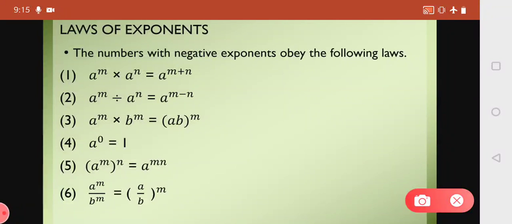Then we have to multiply the powers, that is a raised to m, whole raised to n, equal to a raised to m into n. This is the law of power raised to power. Again I repeat, if any base is raised to a power and that is again raised to a power, then the powers are multiplied.